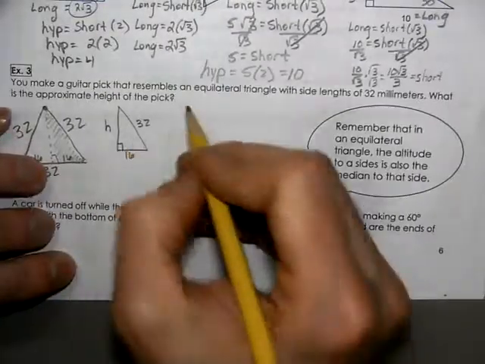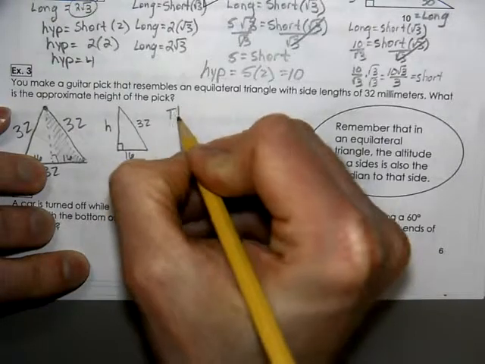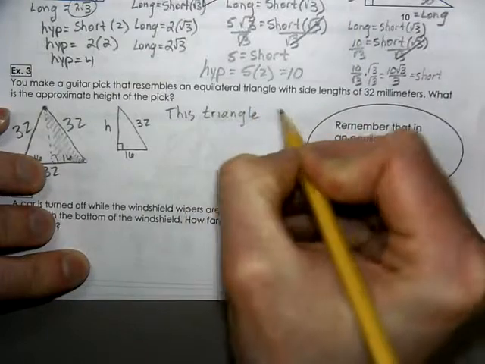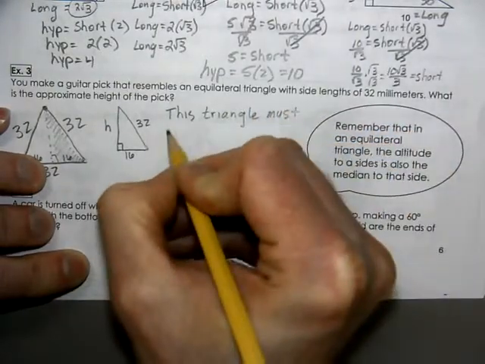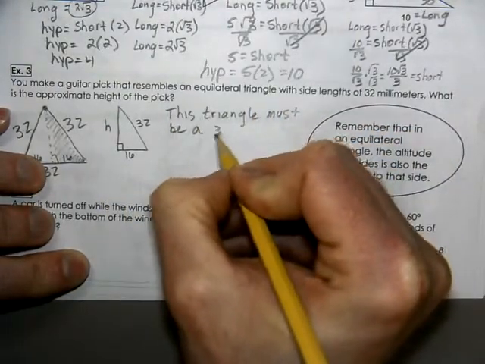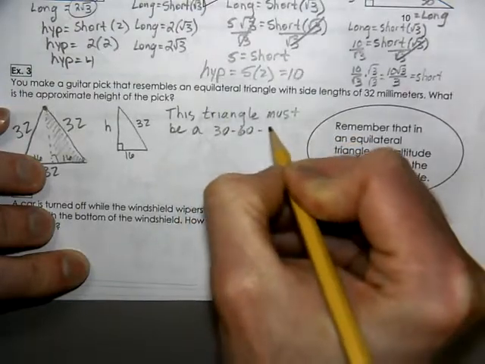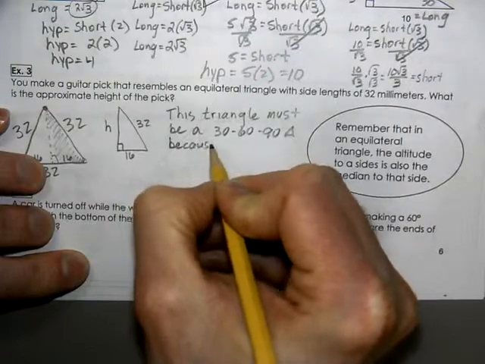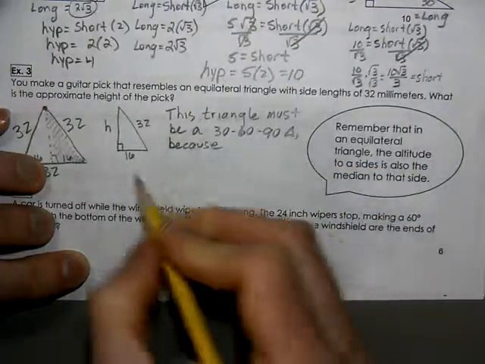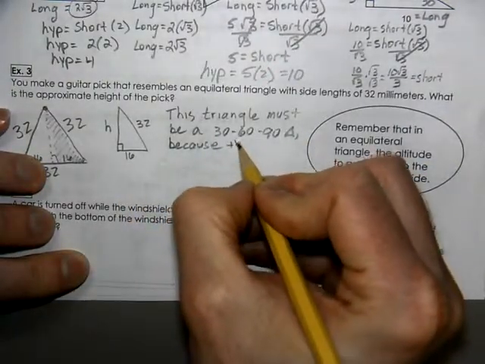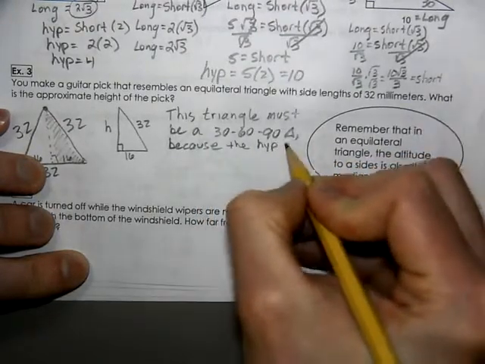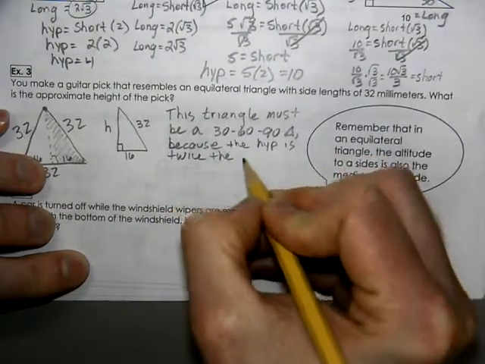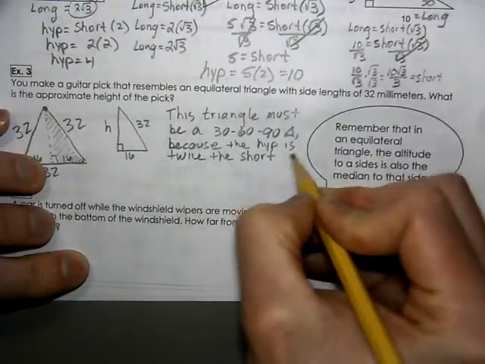But do notice this triangle must be a 30, 60, 90 triangle because the hypotenuse is twice the short side.